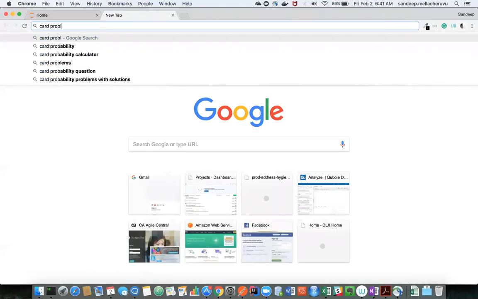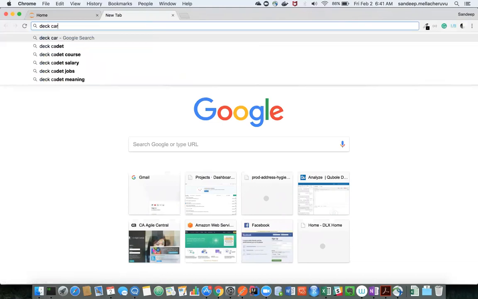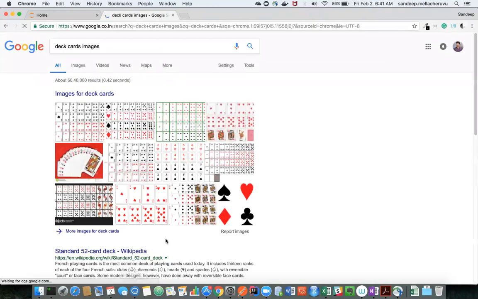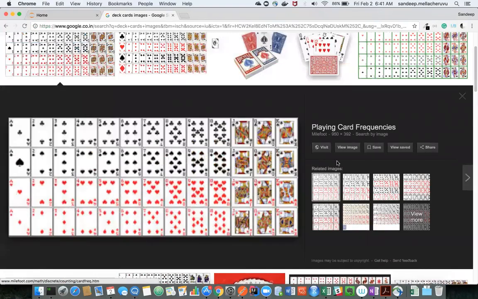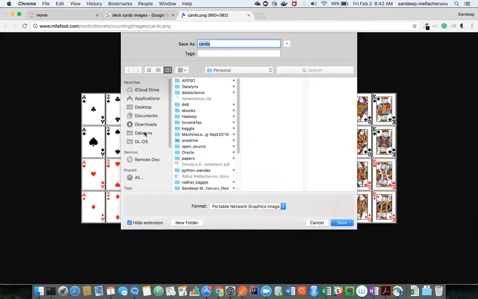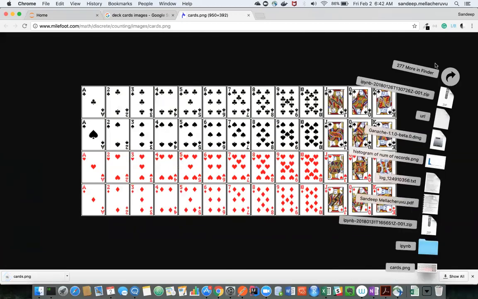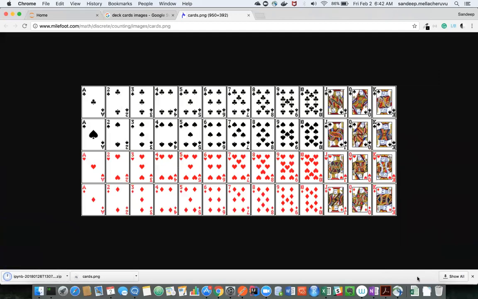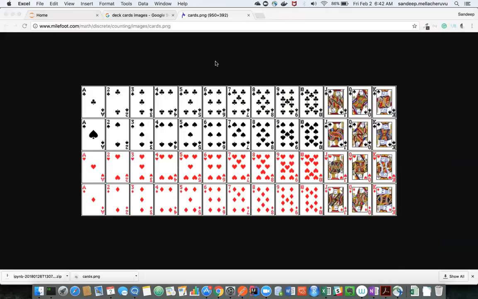Normally I'll just keep a picture of a deck of cards. That way you can easily solve the problems. Something else is opening up.